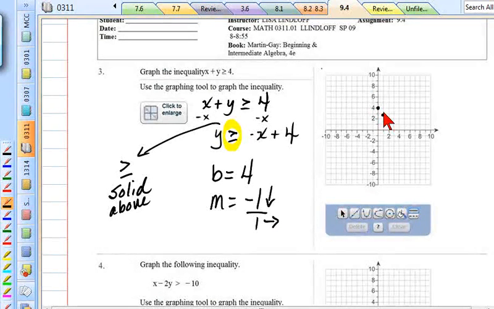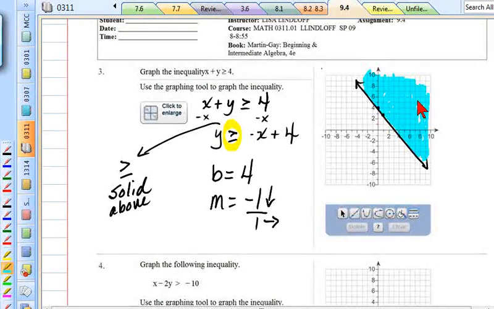You told me that I needed a solid line. And now, you also told me to shade above it. So I will pick one of my colors and I will shade above it. I actually enjoy a day when I get to color, so it's good for me.